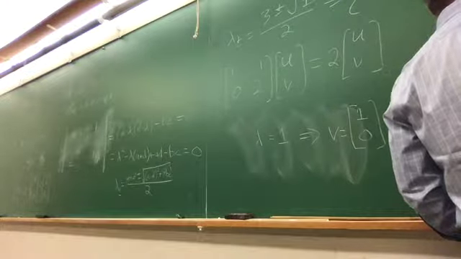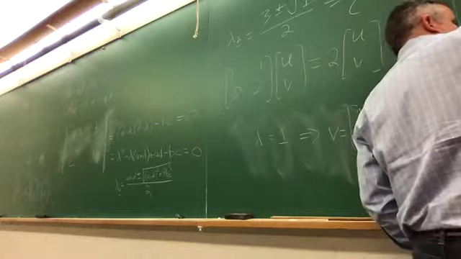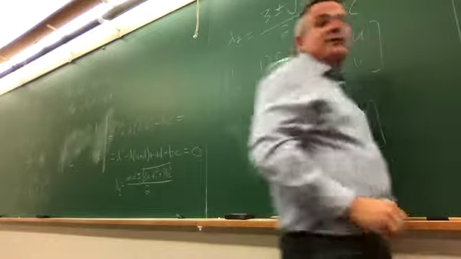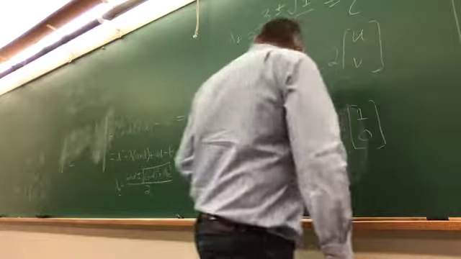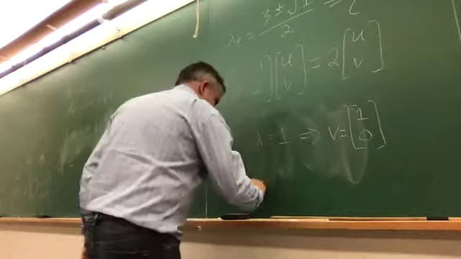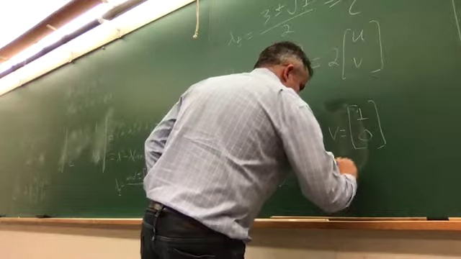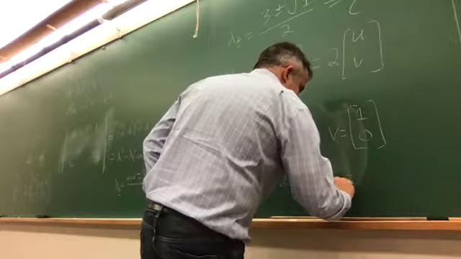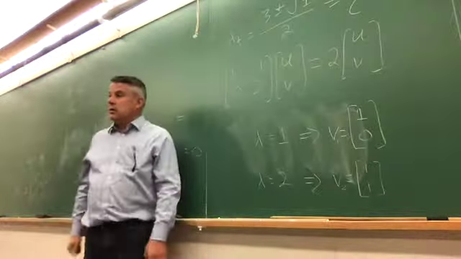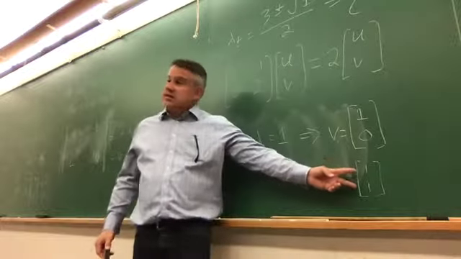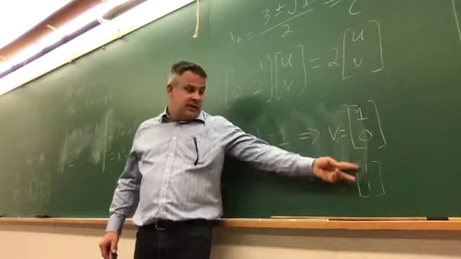So u equals 1. Okay. So the other one, lambda equals 2, implies v equals 1, 1. And again, the amplitude of this doesn't matter, so we could say 1/2, 1/2, or we could say 10, 10, but they have to be equal to each other.